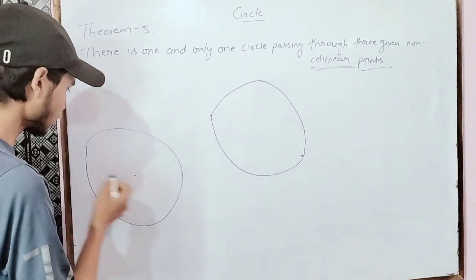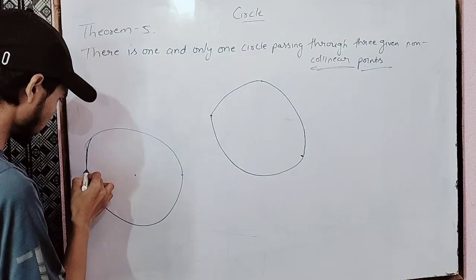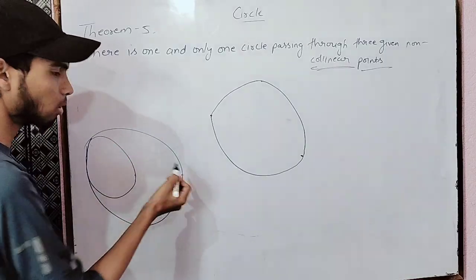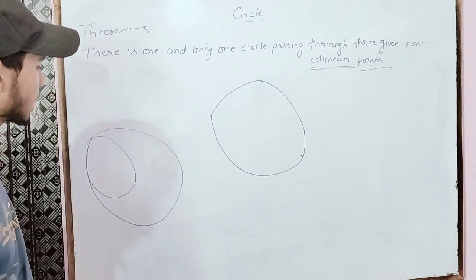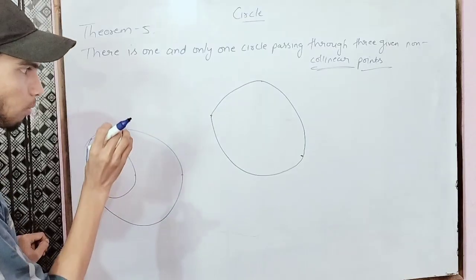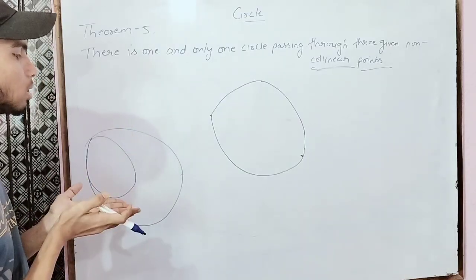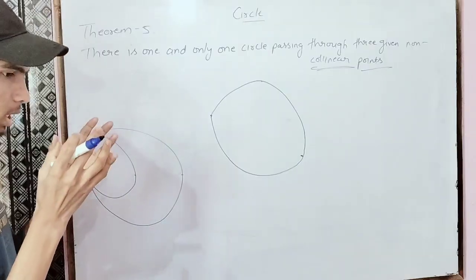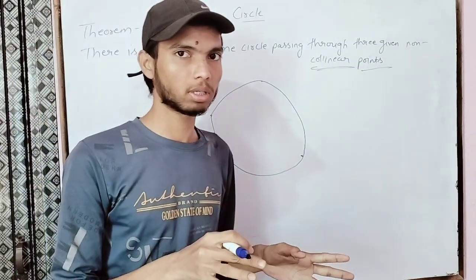No. Even you can see this will make it like that. So what about this point? That's why we can say that one circle cannot pass through three given collinear points.